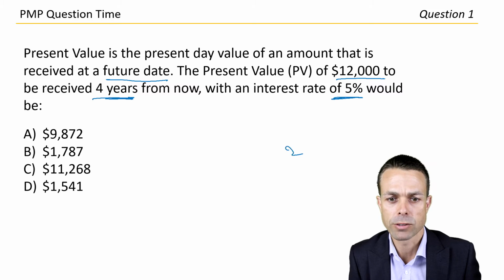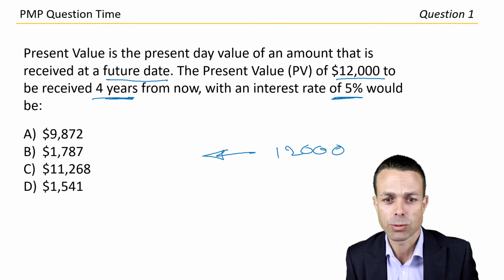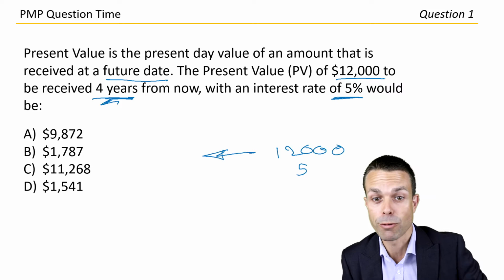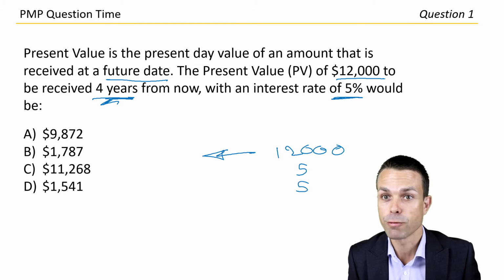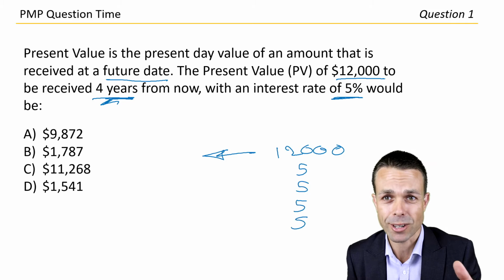So we've got $12,000 in the future. What is it today, in other words? What we're doing is taking off 5% over 4 years. So taking off 5%, taking off 5%, taking off 5%, and taking off 5%. I'm just going to try and do this in a simple way because I haven't got a calculator here.